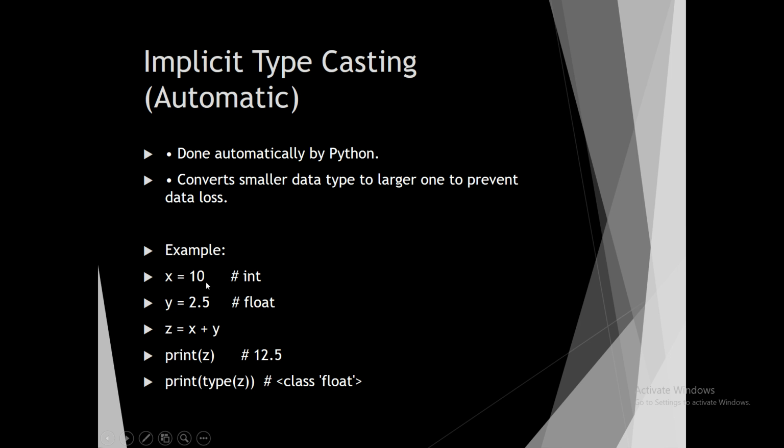Suppose x equals 10, that is an integer, and y equals 2.5, so this is a float. We are adding these two numbers, x plus y, into z. Print z. It automatically converts the integer into a float. Just check using the type function: print type z. This is showing float. So this is called automatic type conversion.